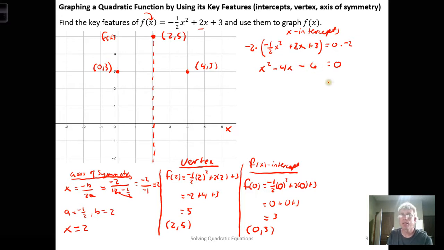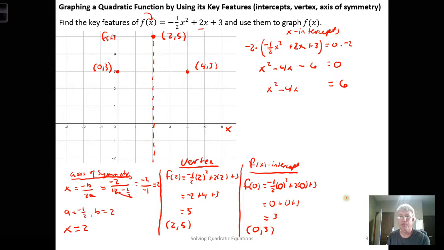And then I'm going to add 6 to both sides to get the x terms by themselves. We then want to take half of the linear coefficient, half of the -4. Let's find a space here to do it.